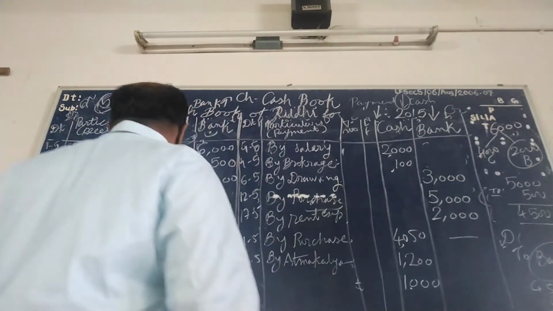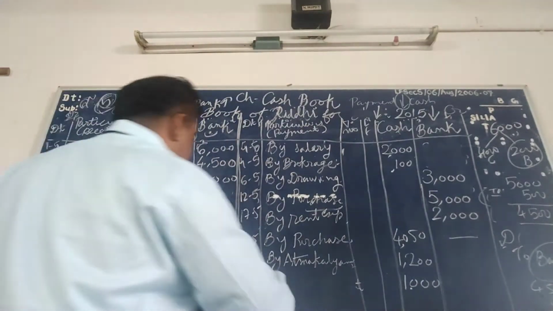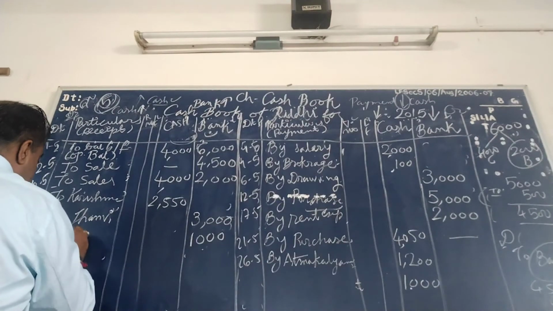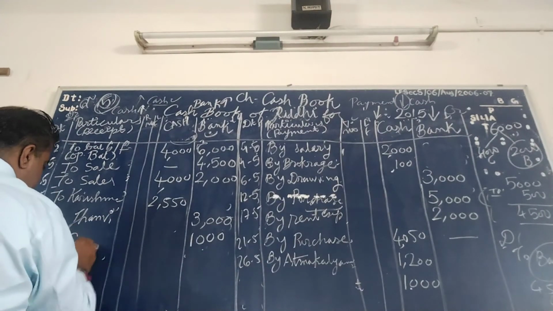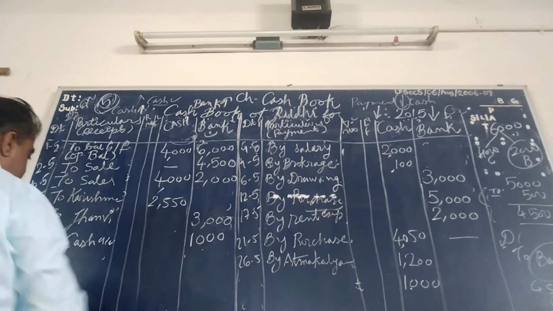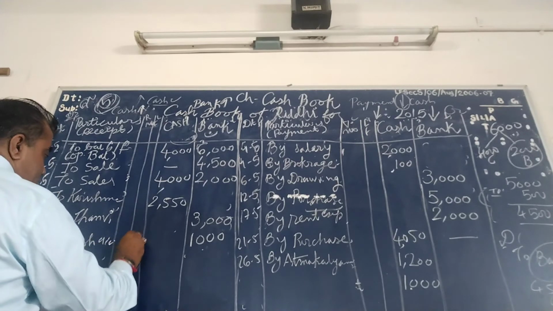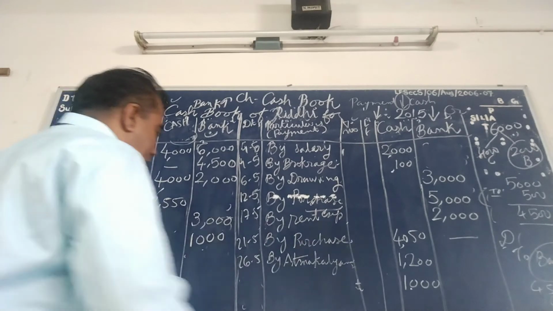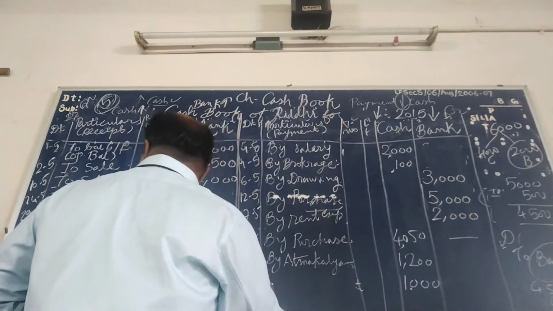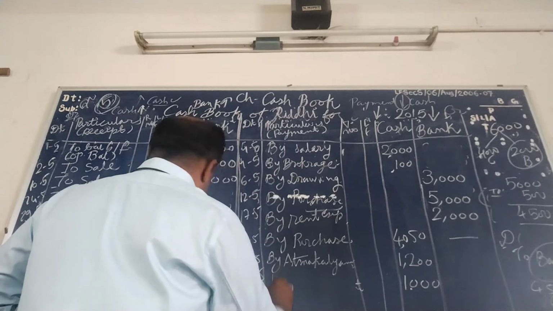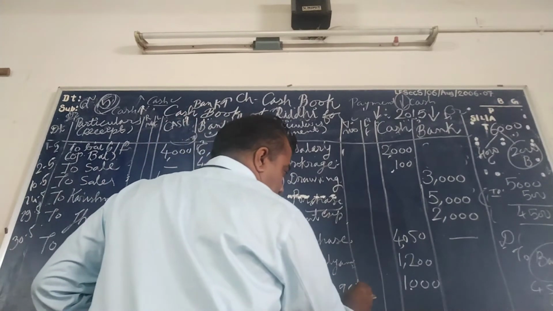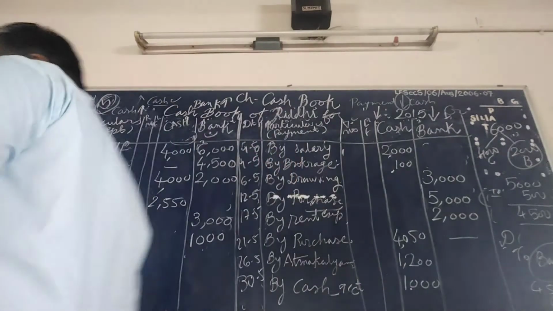For that we write here, in the bank column, to cash account. Hence it is a contra entry, so we write C in the ledger column, and here 30th May, by cash account, 1,000.